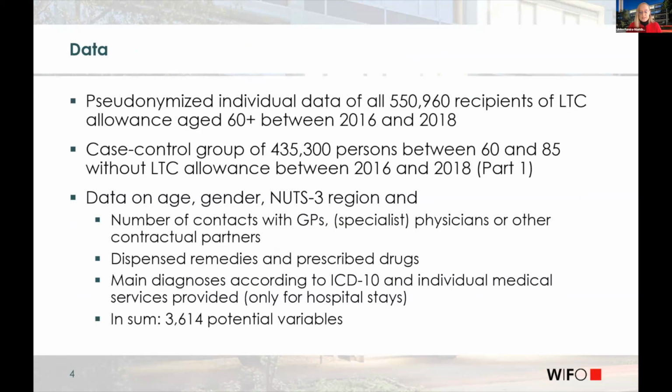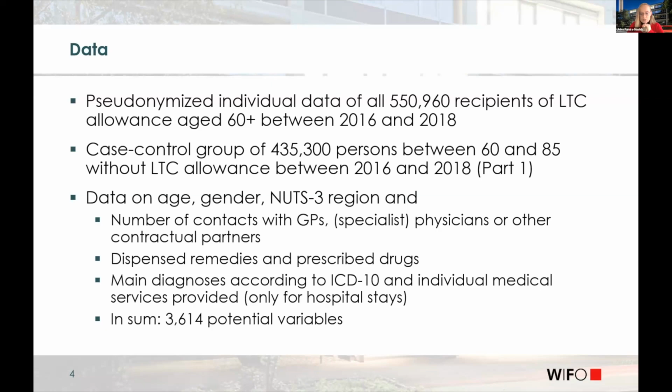For our analysis, we use pseudonymized individual data of more than 550,000 recipients of long-term care allowance aged 60 plus between 2016 and 2018. We have a case control group of over 400,000 persons that are aged between 60 and 85 without the long-term care allowance in this period.